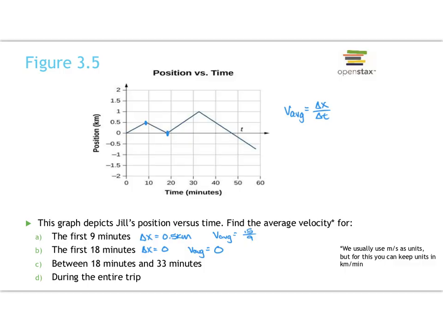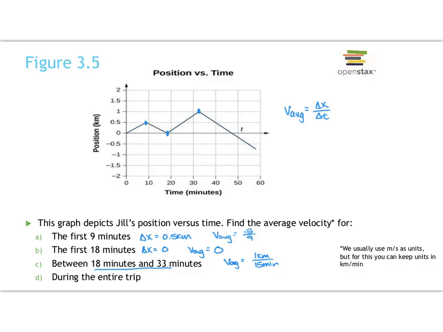Then she goes down the street after she comes back home, a whole kilometer, and that takes 15 minutes. And so between 18 and 33 minutes, her displacement is 1 kilometer, and it takes 15 minutes. So those are the numbers that we would divide to find her average velocity for that time.